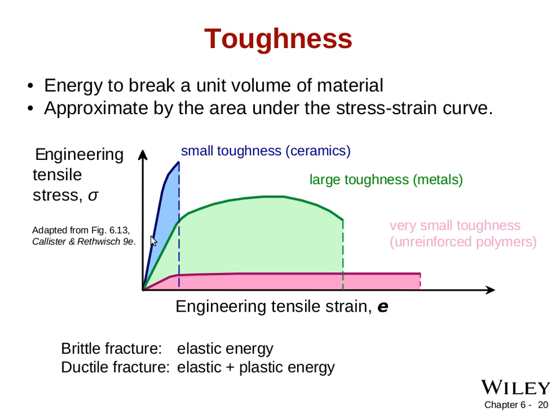Whereas this blue area, including down here, would be the toughness of a ceramic. And this purple area would be the toughness of an unreinforced polymer. So as you can see, the one with the biggest area is the metal. So metals have a much higher toughness than ceramics and polymers.